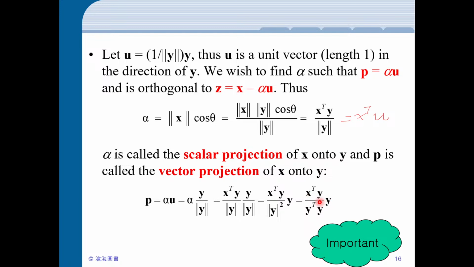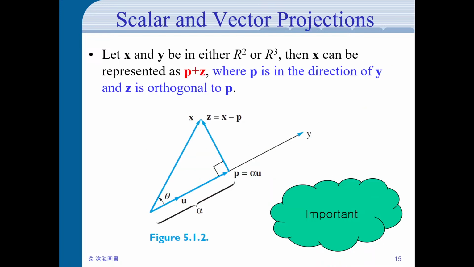I guess we can do another derivation really quickly. Instead of using the angle theta, we can just use orthogonality. We know z is orthogonal to y, so z is also orthogonal to u.